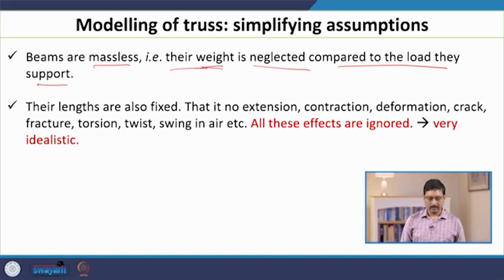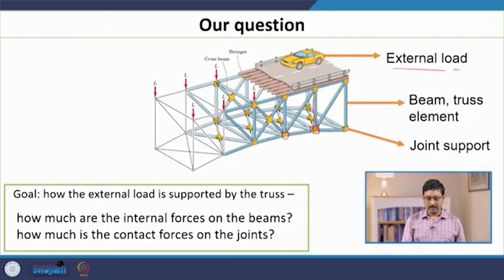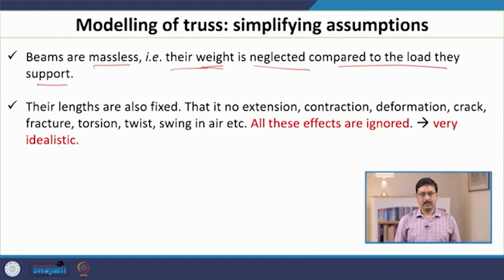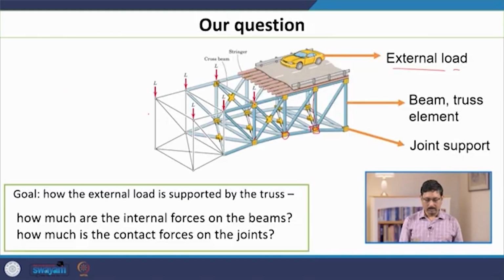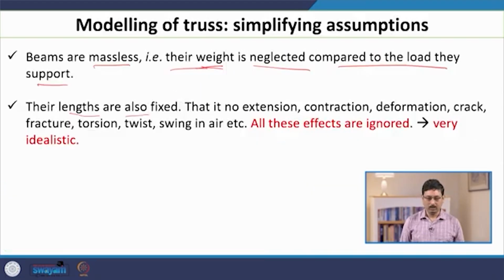In that case you can think of these beams as a kind of transmitter of force between 2 joints. The other very important assumption is that we are going to assume that their lengths are also fixed. So, the distance between 2 joints is always the same, no matter what the external load is.